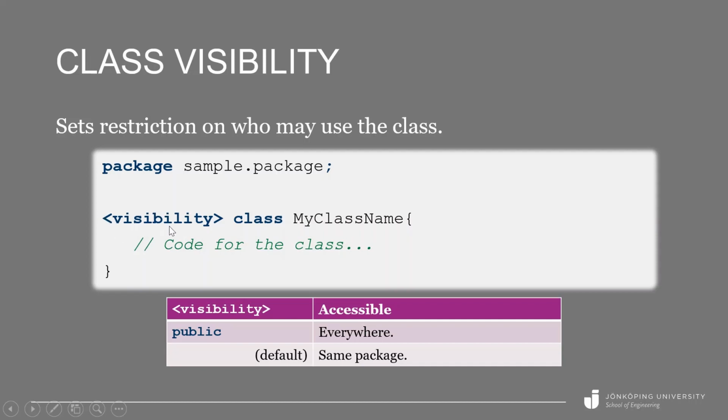If you don't write public here, but don't write anything at all, then only the classes inside your own package may use this class. So if you create a package that you plan on distributing to other programmers so they can use it in their own programs, then you should write public here in order for them to be able to use your class in their own programs.